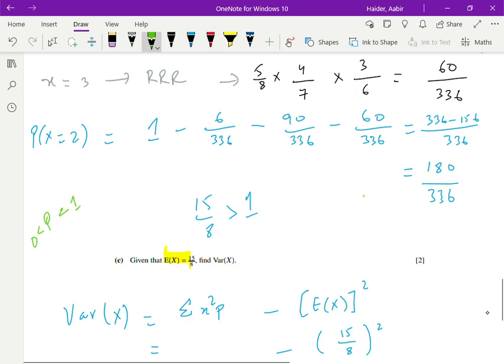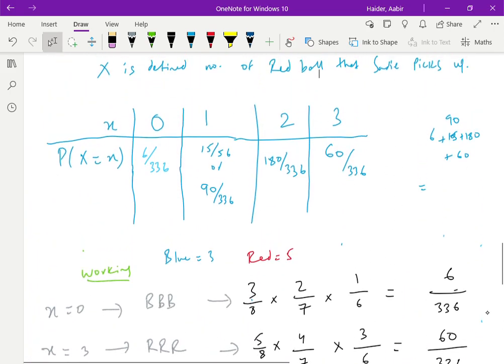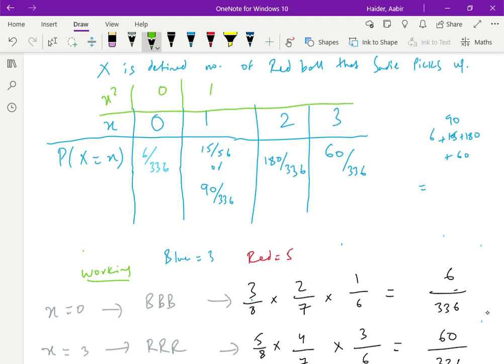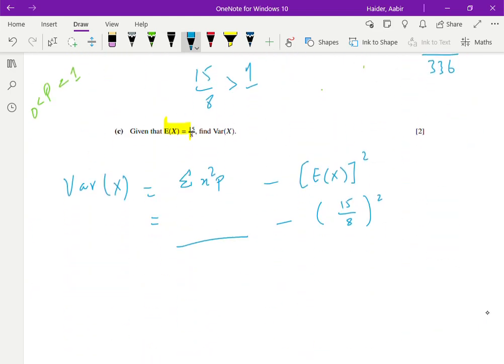Okay, now in order to find this x squared times p, we need to take the squares of the x values. Our x values are right here, so let's find their squares. On top of them, it should be 0, it should be 1, it should be 4, and it should be 9. I'm going to multiply this with this, and this with this, and this with this. Why? Because I will take 336 as common for all of them. So write that in just one go, and 336 will be here.